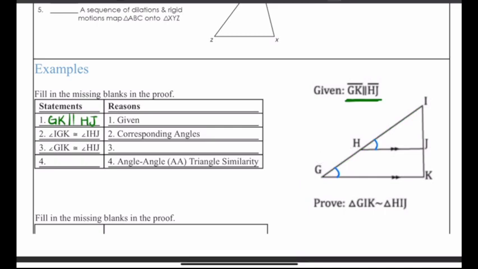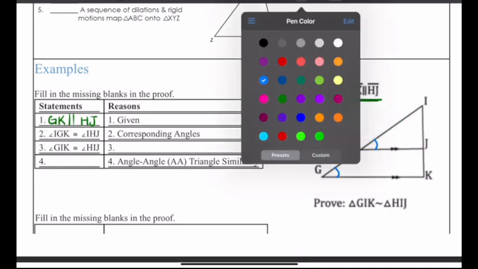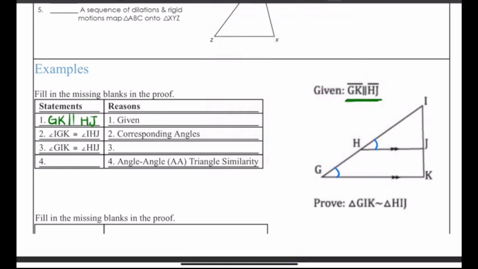And now over here, they give us our next statement, which is that GIK, which is this angle up here, is congruent to HIJ. So GIK and HIJ are congruent because they're the same exact angle, which means that you would say that they're congruent by the reflexive property.